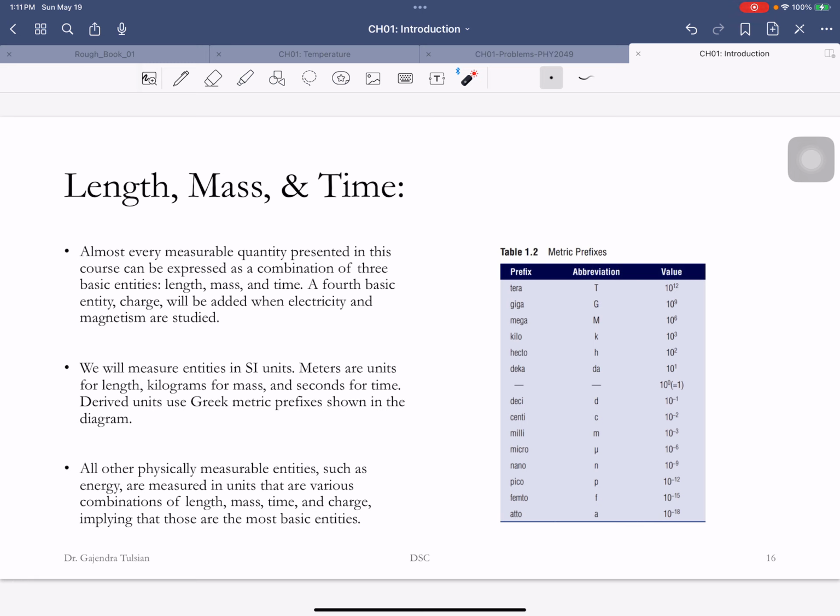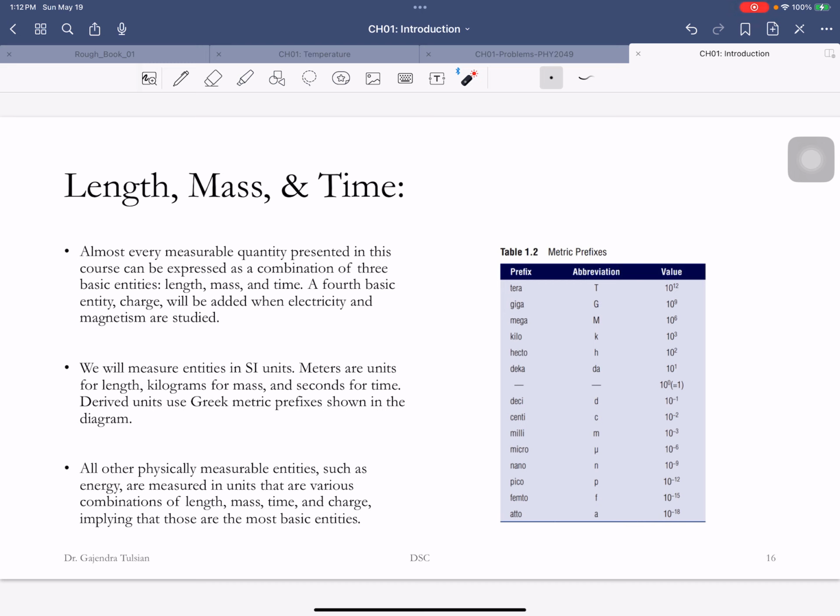All right, in all the concepts we study, all the physical quantities we study, the basic quantities will be length, mass, and time. The system of units we mostly use is SI units, where length is measured in meters, mass in kilograms, and time in seconds.